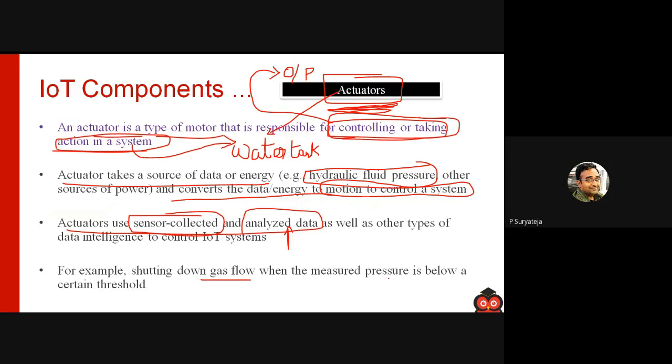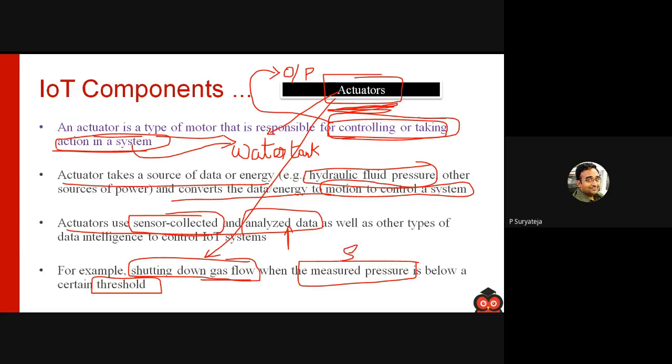And when the measured pressure is below a certain threshold value, which is sensed by the sensor, we will shut down the gas flow. Okay, and this shutting down the gas flow is done by the actuator. Okay, and the measuring of the pressure is done by the sensor.